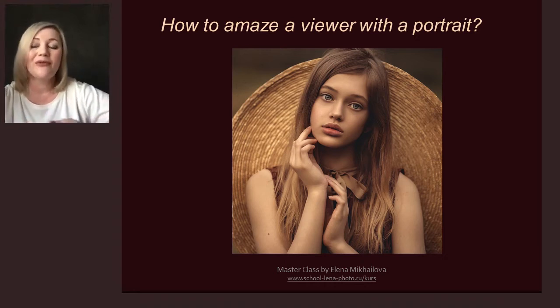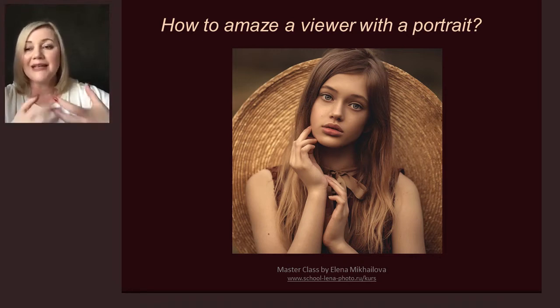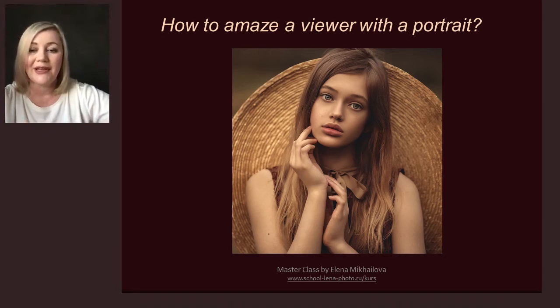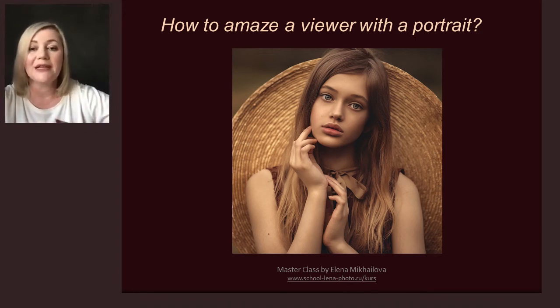Frames like that are very arresting. When the viewer looks at a picture like this, he stops and looks into the eyes and pays his attention to it. That's very important for us. Portraits like this, where the look catches the viewer's eye, evoke special feelings and emotions. These portraits are considered powerful.